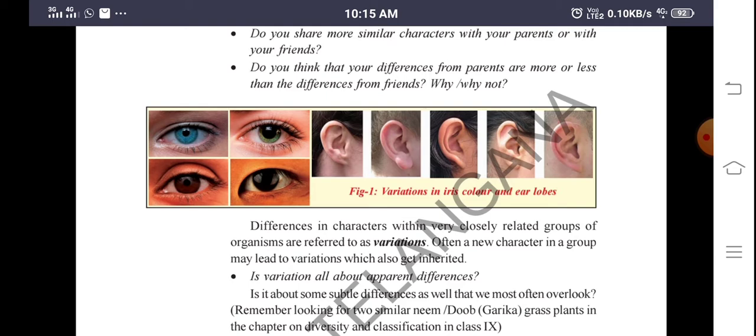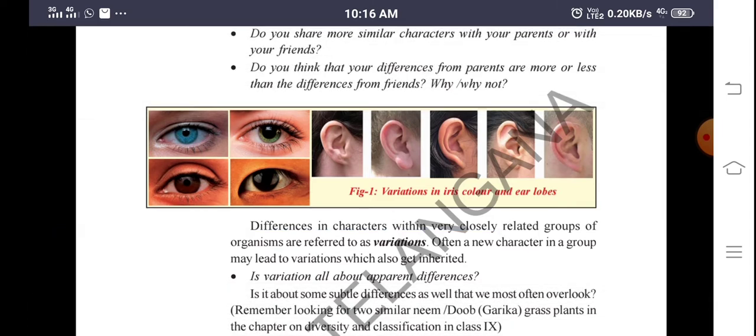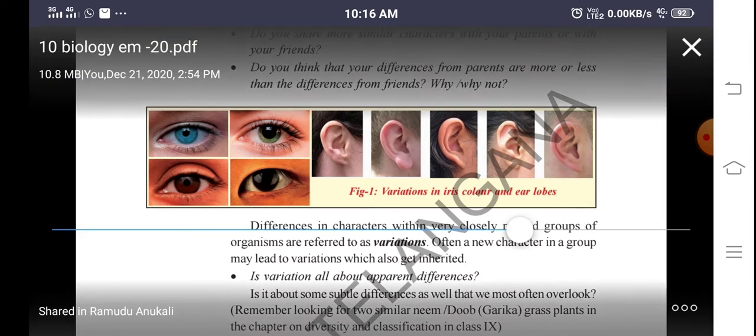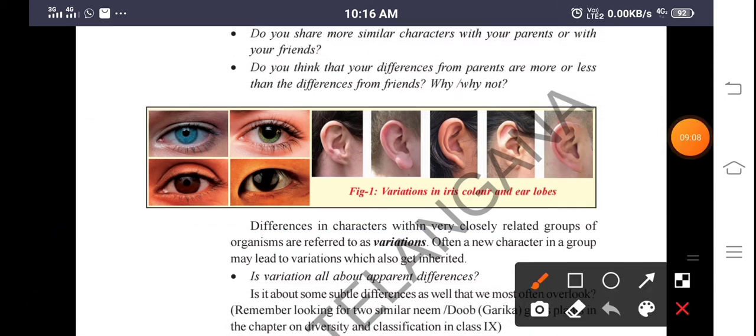Those are called variations. Differences in characteristics within very closely related groups of organisms are referred to as variations.